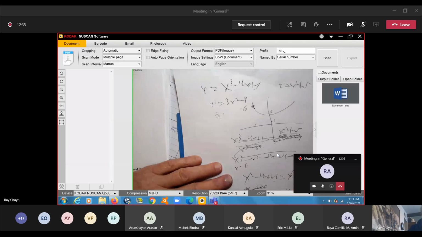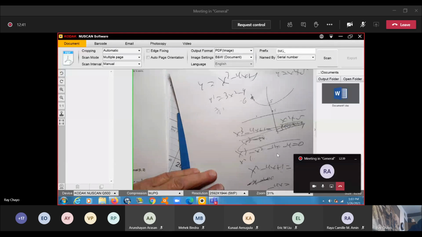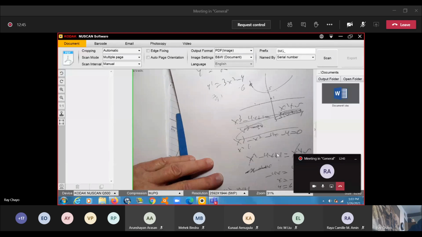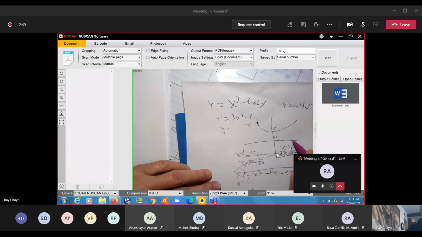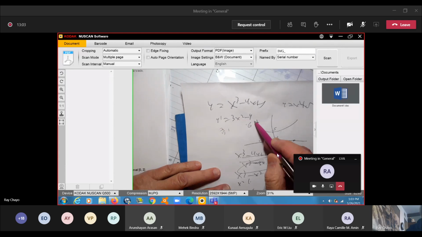And since it's a square, it's a little bit easier. So x squared minus 4x plus 1. If you take the derivative and set it equal to 0, you get x equals 2. And when x is 2, y is down here somewhere, negative. And they meet at only one place.